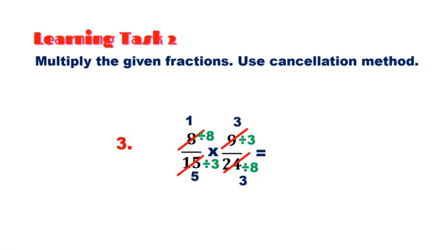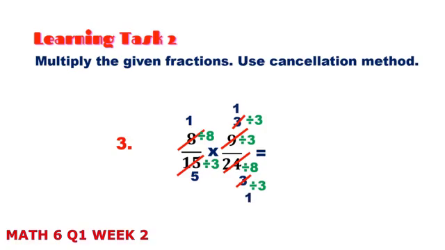And 15 divided by 3 equals 5. You can cancel also 3 by dividing 3. So 3 divided by 3 equals 1. 3 divided by 3 equals 1. Let's multiply 1 times 1 equals 1 and 5 times 1 equals 5. So the answer is 1/5.